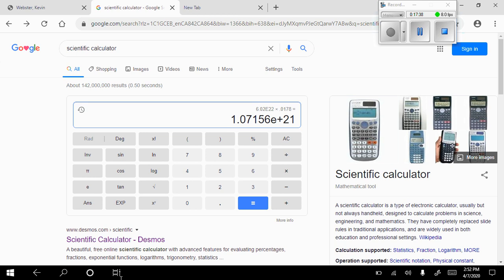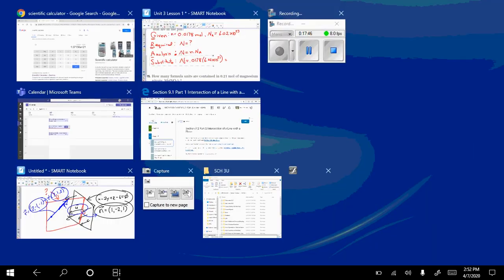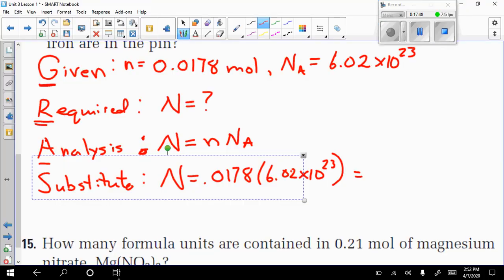It shows me that E, so that means times 10 to the 21. So 1.07 times 10 to the 21 atoms of iron. Okay, so that's kind of how we solve these questions.